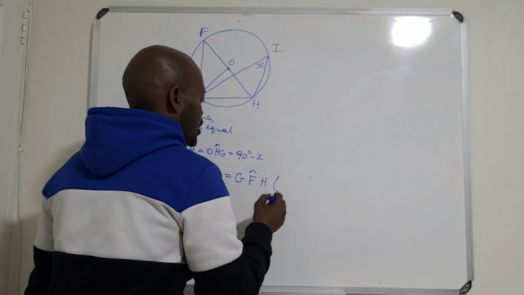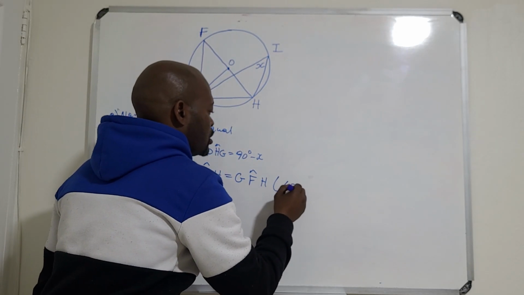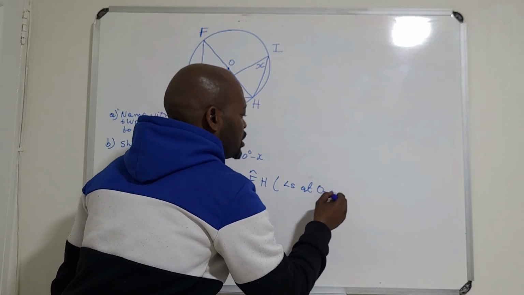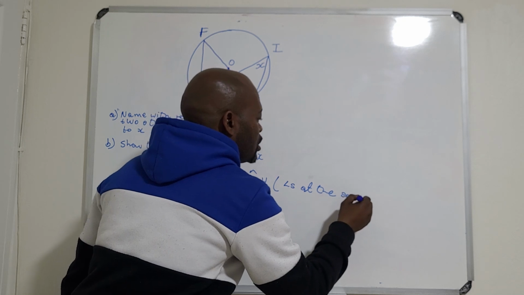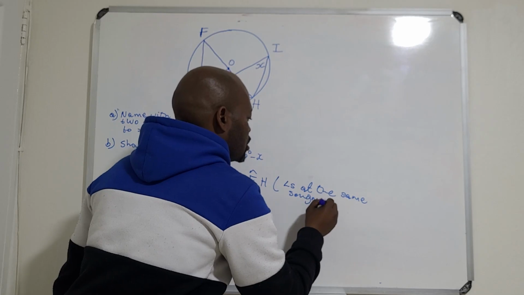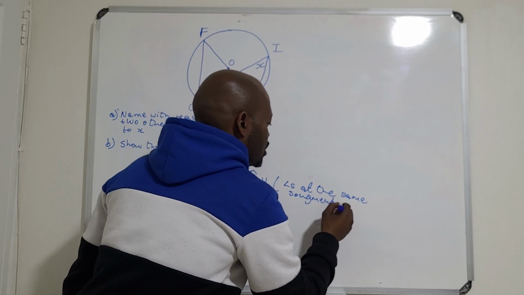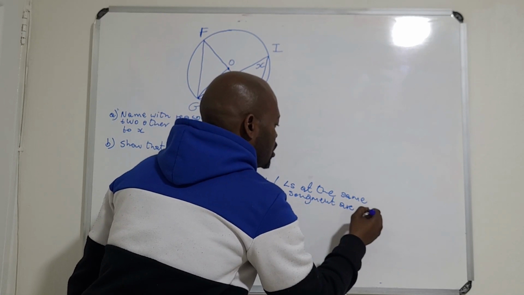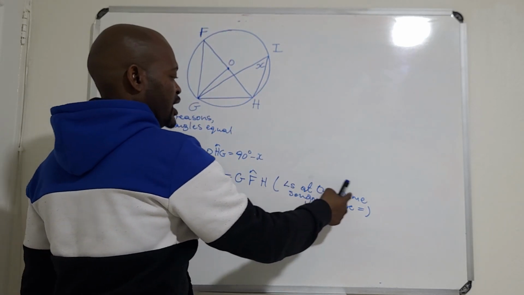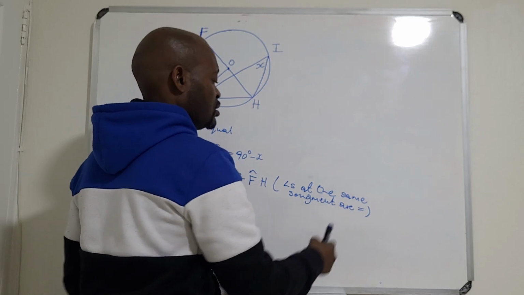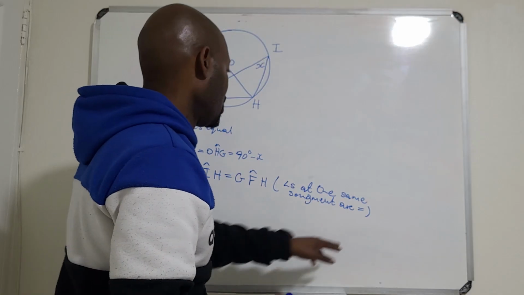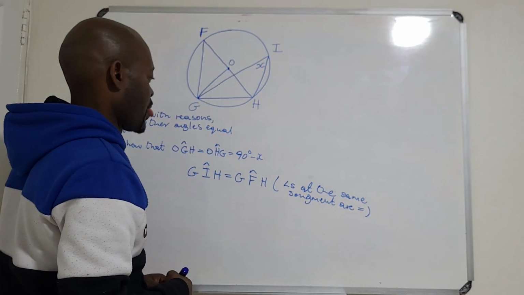Reason: angles at the same segment are equal. Angles at the same segment are equal. You can write equal in a name form, or you can write it like that.